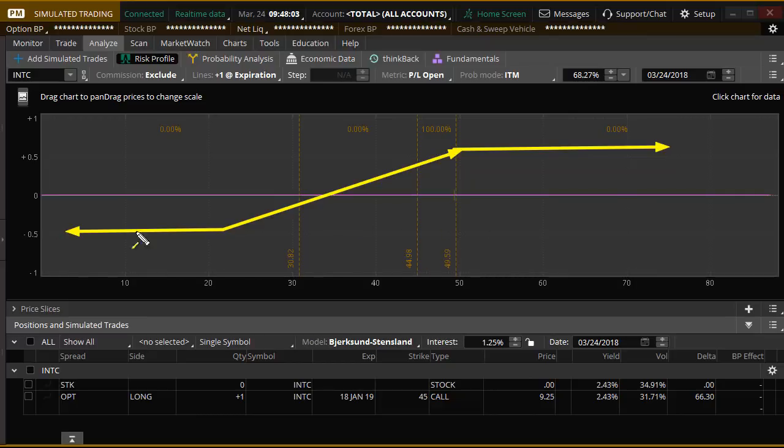So this right here is a fig leaf, a debit spread, a credit spread. It has the element of a covered call with a stop loss. It has the element of a synthetic position with a profit target and a stop loss.